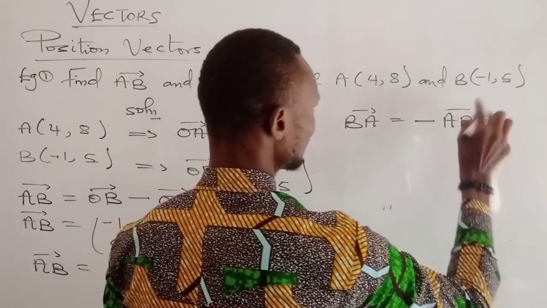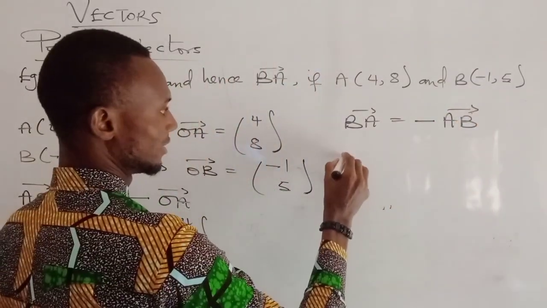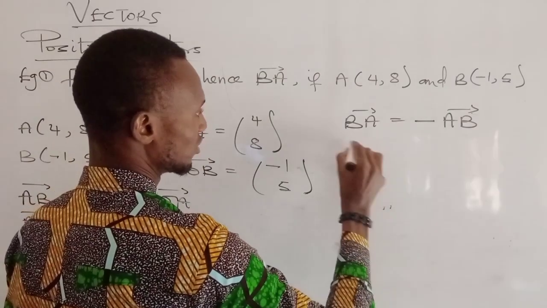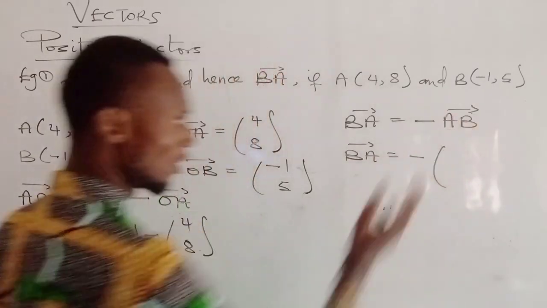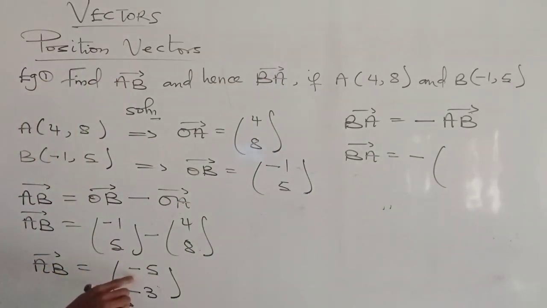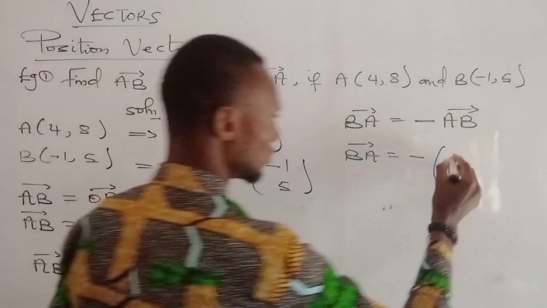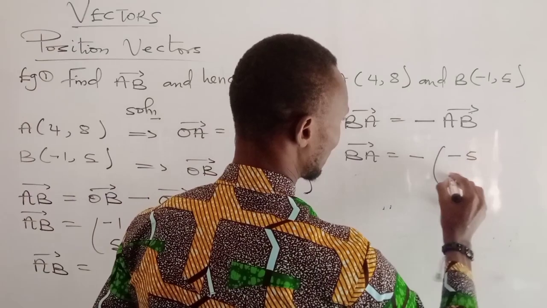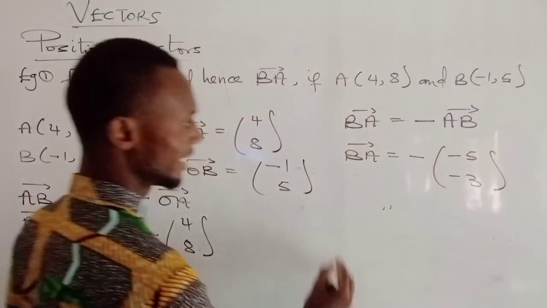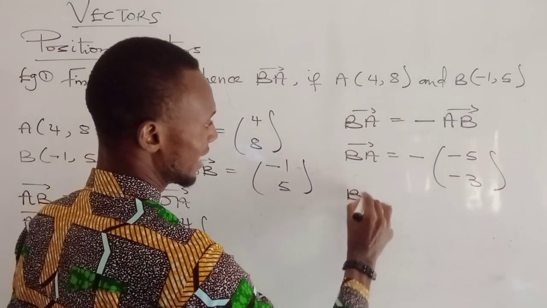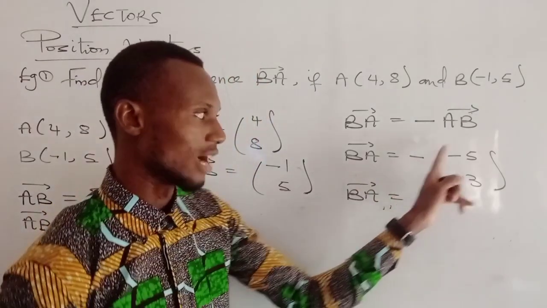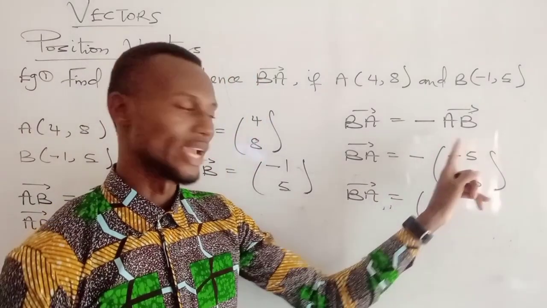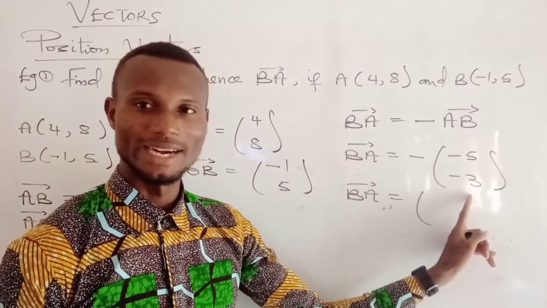Okay, so let's go ahead and just input our value. So my BA will be equal to, you bring your negative sign, then the value of the vector AB is -5, 3. Then we go ahead and simplify further. So my vector BA will be equal to, the negative will affect the number at the top here, and the negative will affect the number at the bottom here.